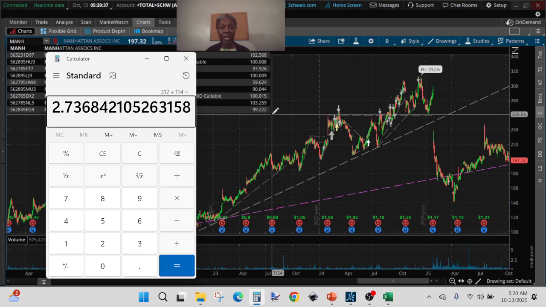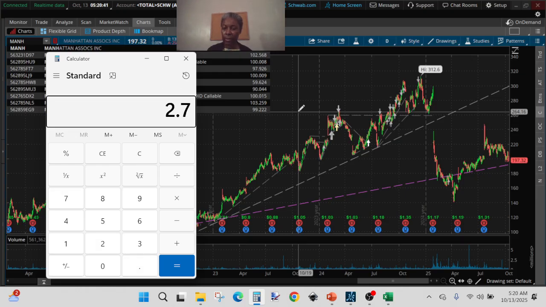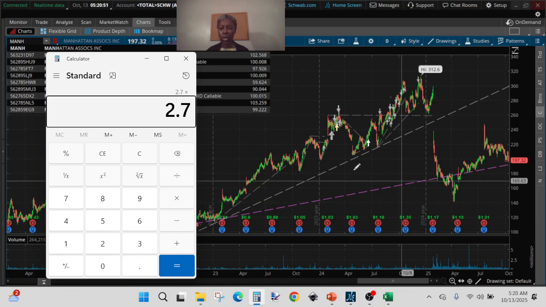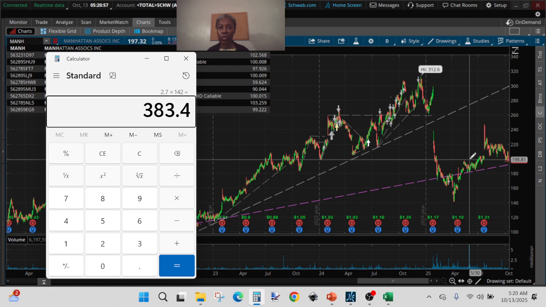So we can take 2.7 times the lowest point that it went to when it pulled back to the support line, which is 142. So 2.7 times 142, I will say that, okay, I could stay in this trade for a year or so, or until the price reaches 383, and I will sell it.